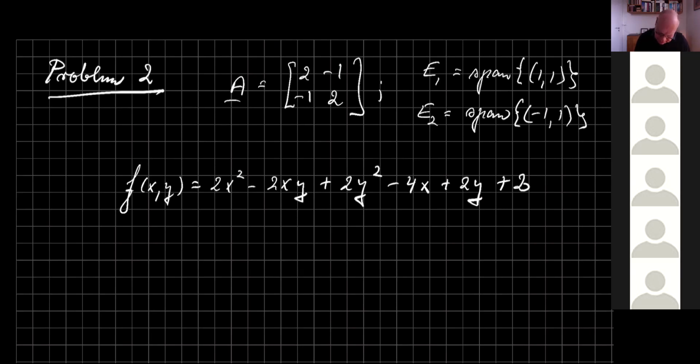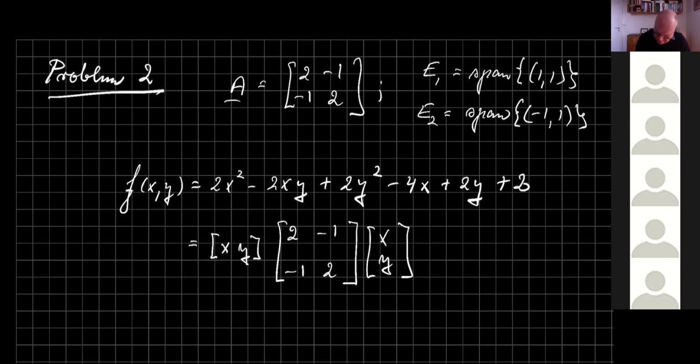And you can write this as the vector x, y, times 2 minus 1 minus 1, 2, and then x, y, plus minus 4, 2, plus 2.